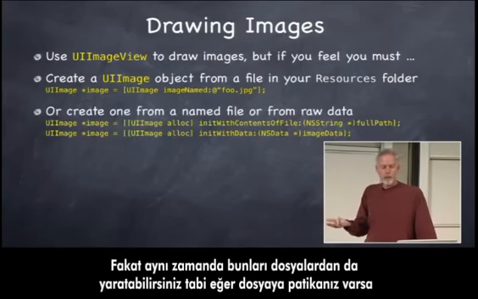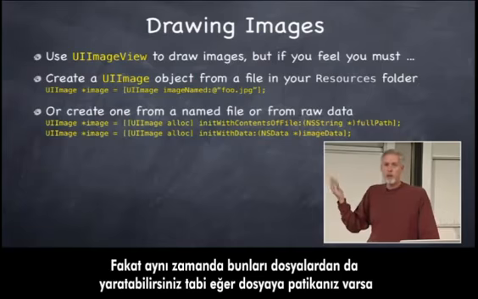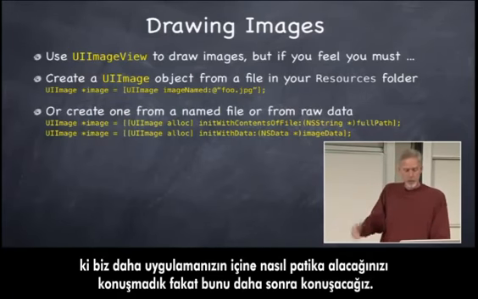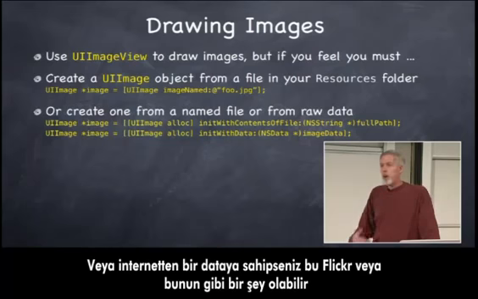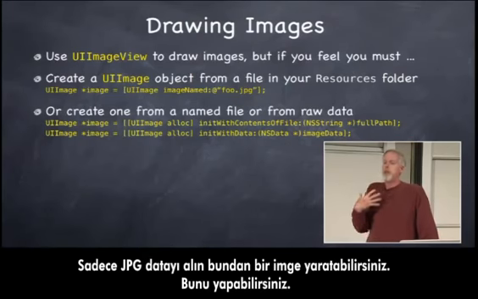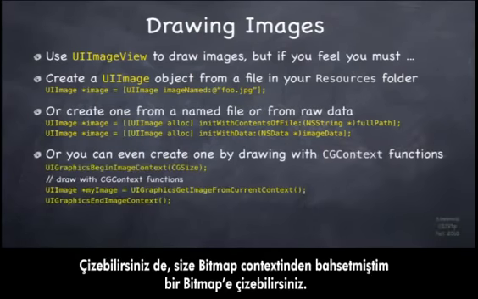But you can also create them from files. So if you have a path to a file, which we haven't even talked about how you get paths to files inside your application, but we will talk about that later. Or if you got data from the internet, say you talk to Flickr and use Flickr's API to download an image, you'll just get the JPEG data, and you want to be able to create an image from that. So you can do that. You can even draw. I told you about contexts, which were bitmaps, basically drawing to a bitmap.